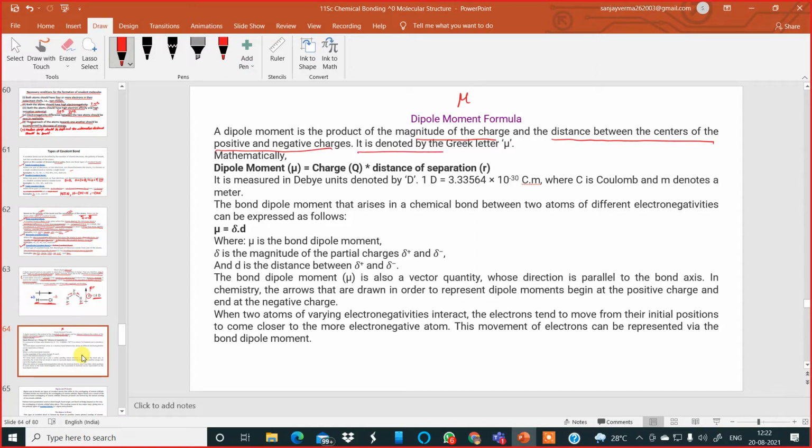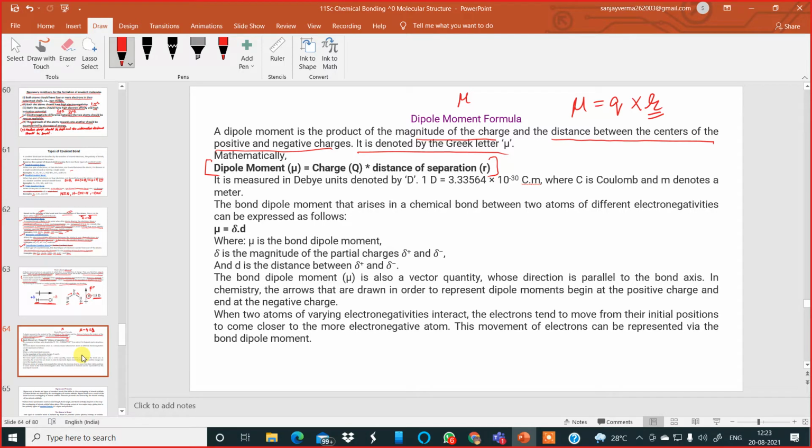It is denoted by the Greek letter mu. Mathematically, I will request you to remember this formula: mu is equal to Q, into charge separation R. This R stands for the distance between the positive nucleus and the negative nucleus of the two atoms which have combined to form a covalent bond or an ionic bond.